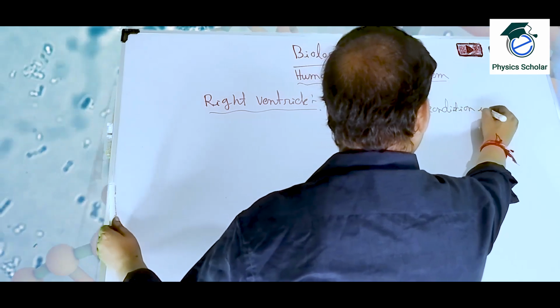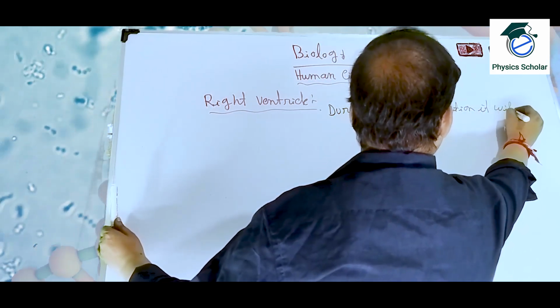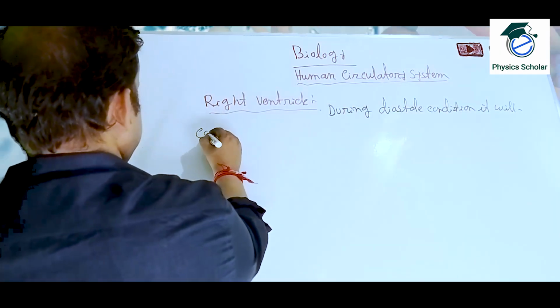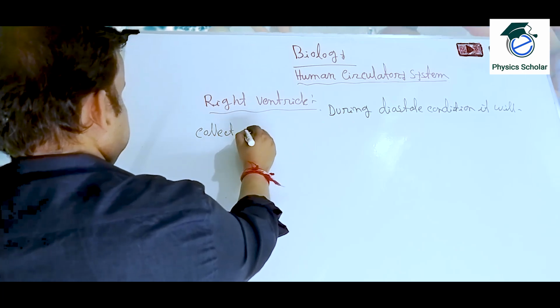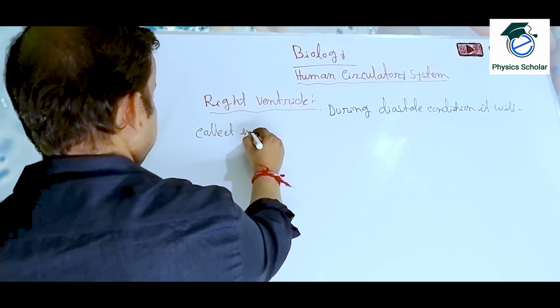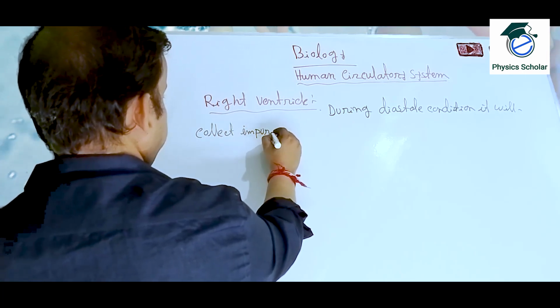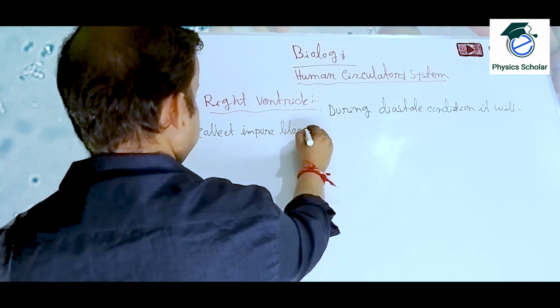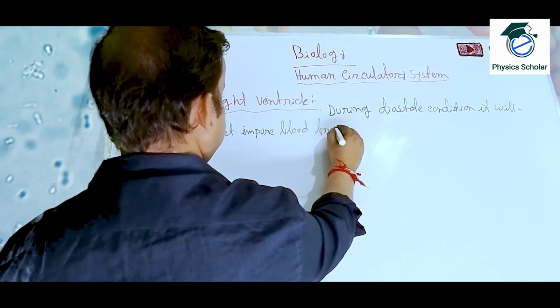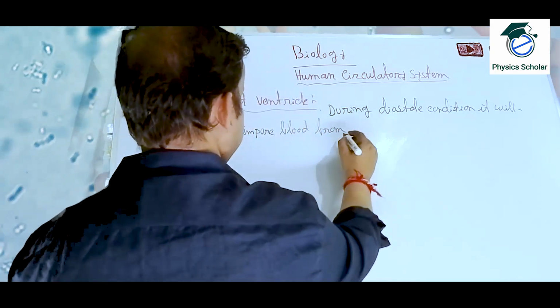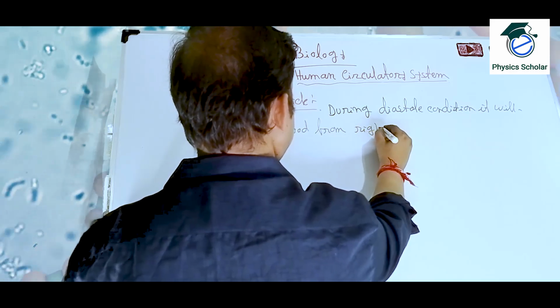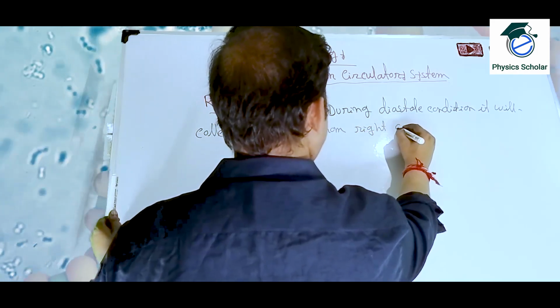It will collect impure blood from the right atrium.